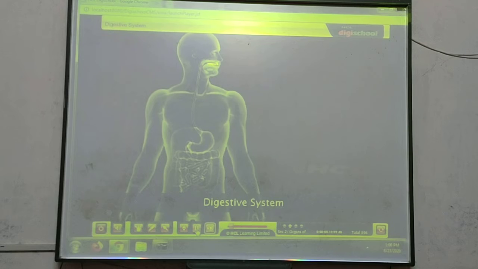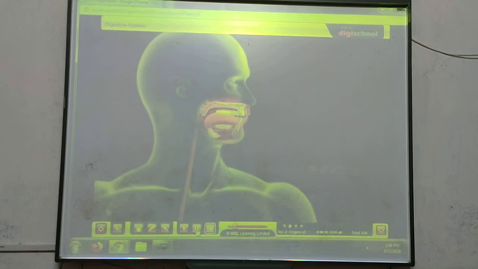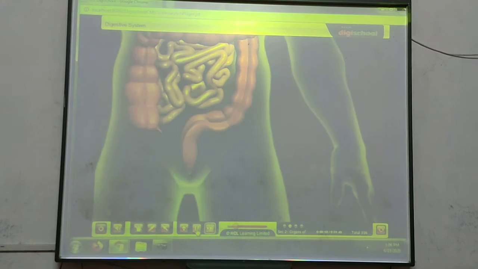Our digestive system is made up of a long, continuous canal called the alimentary canal, which starts at the mouth and ends at the anus.